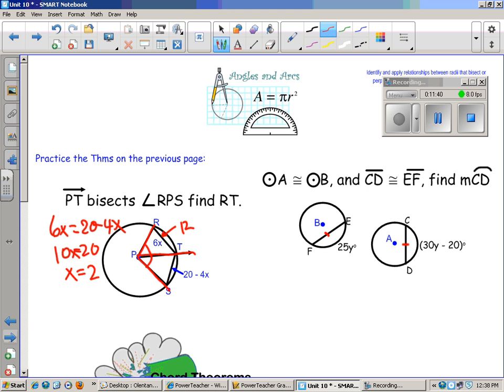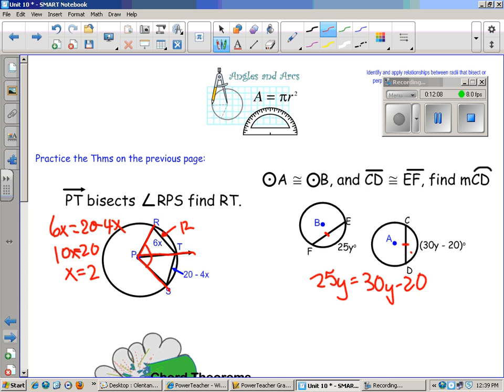Okay? All right, so this one says circle A is congruent to circle B, and CD is congruent to EF. So what do we know about arc CD and arc EF? They're equal. So to solve for y, I would just set them equal to each other. 25y equals 30y minus 20.